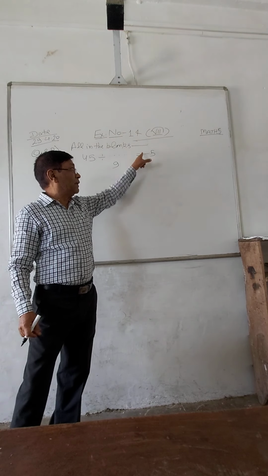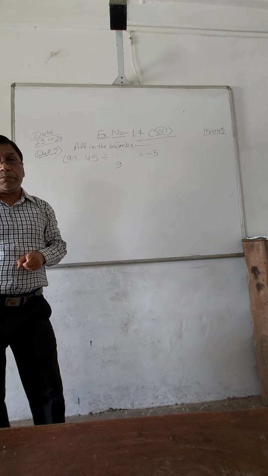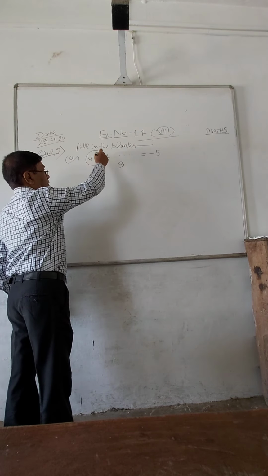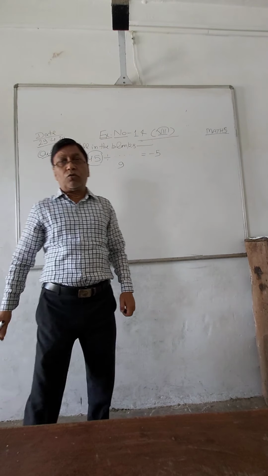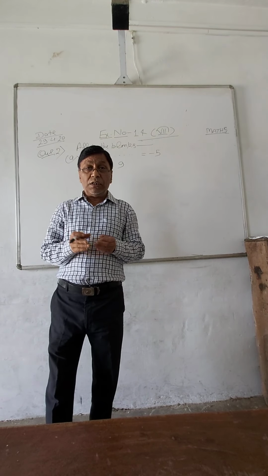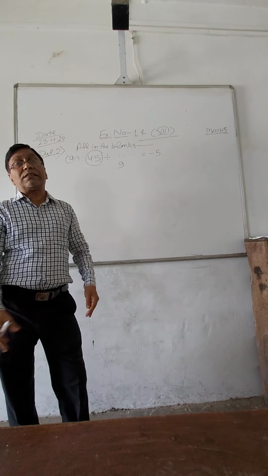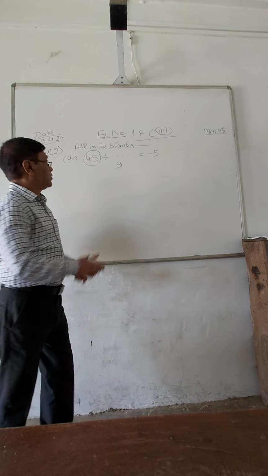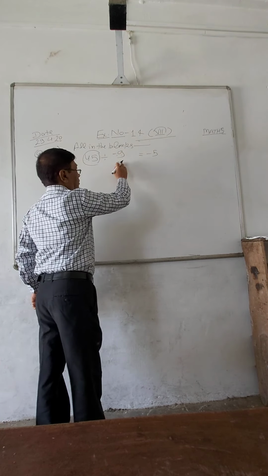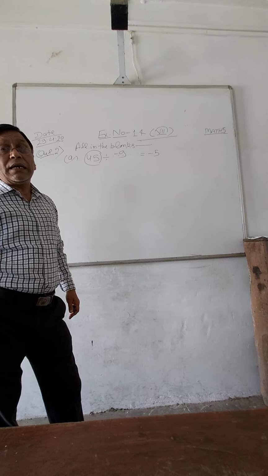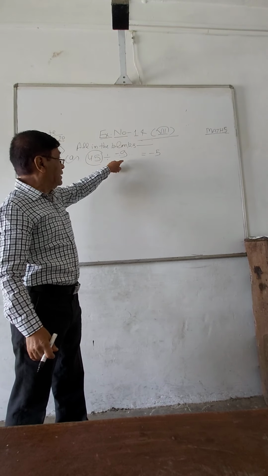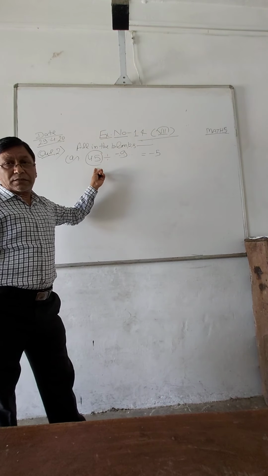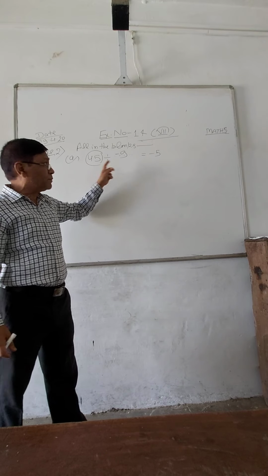But see the sign. The sign should come negative. So when will it come negative? This is already fixed as positive. And as I have just told, negative comes only when both have different signs. So this is positive, so this number must have a negative sign. So what will we put? Minus 9. Clear? Again I am telling you, if the dividend is there and you have to put the divisor, and the result is given, first you divide the dividend. 5 9s are 45, whatever it comes, that will be the answer.